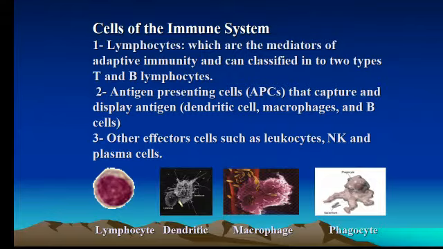And now we are talking about the antigen-presenting cells, APCs, that capture and display antigen: dendritic cells, macrophages, and B cells.